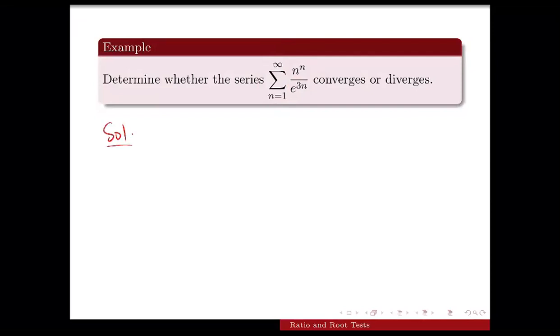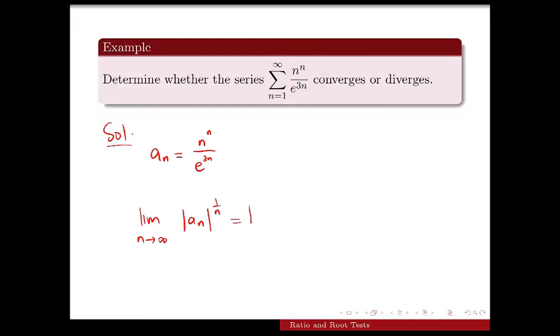Why? Let us see. So in here, a sub n is equal to n to the n over e to the 3n. So you want to compute the limit as n approaches infinity of the absolute value of a sub n, raised to 1 over n.